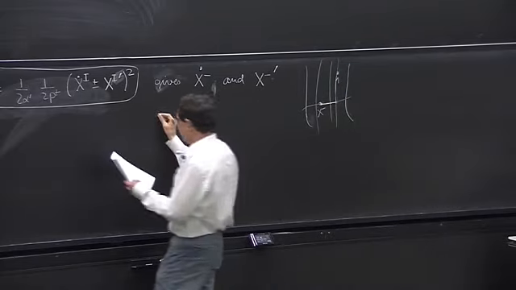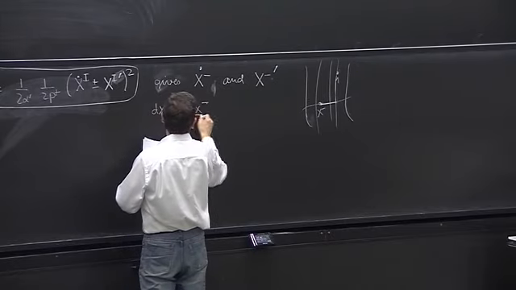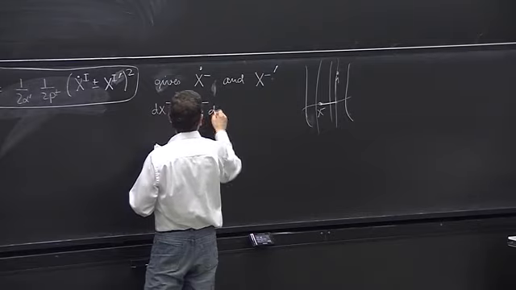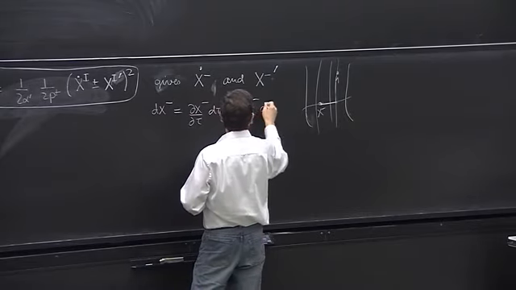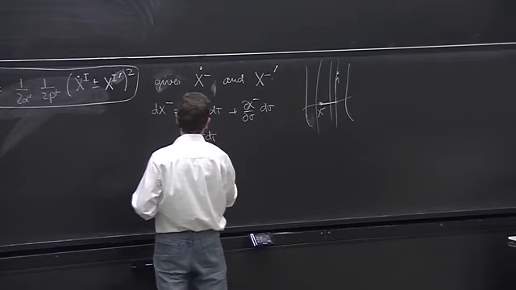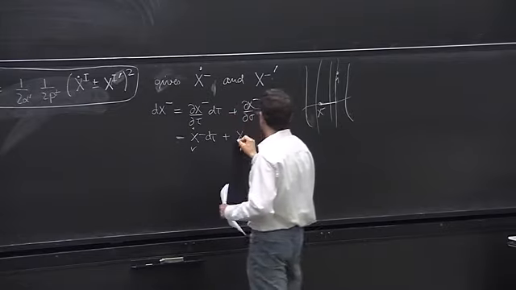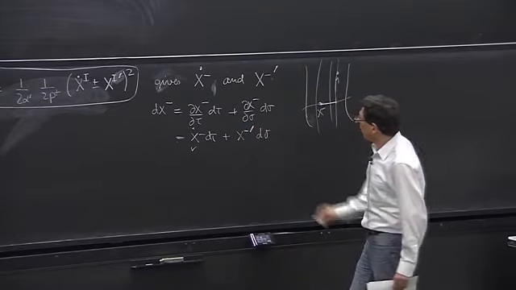So, in fact, dx minus is equal to dx minus d tau times d tau plus dx minus d sigma times d sigma, and this is x minus dot d tau that you know, plus x minus prime d sigma that you know as well.